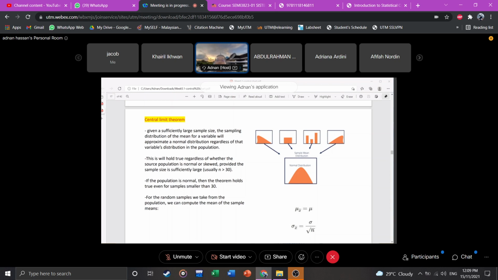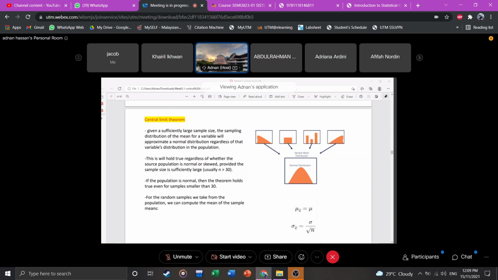It might be triangular distribution, it could be uniform distribution, or maybe unknown distribution. So when we take a sample with a certain number, we take the average and we plot the averages, rather than the individual values.